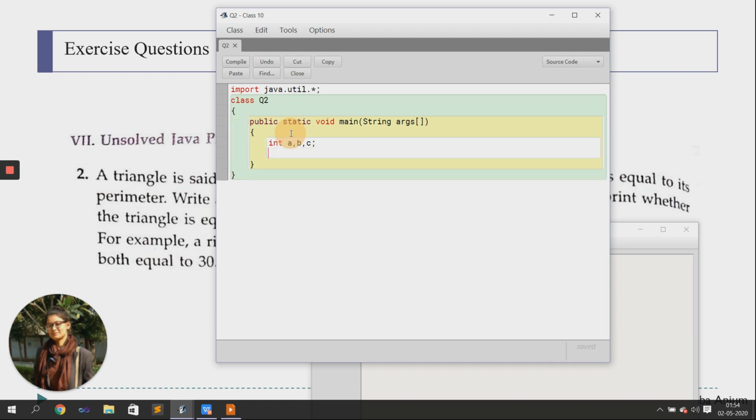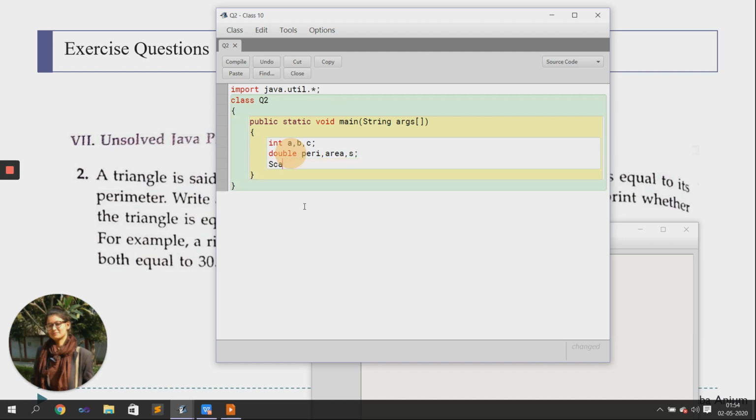Now to store the value of area as well as the perimeter, you can take it as an integer. No, better to take it as a double. So double perimeter, area, and to calculate the value of s, store s as a double data type.